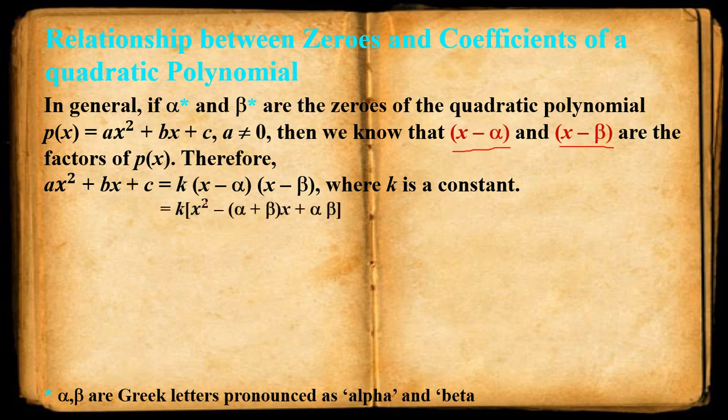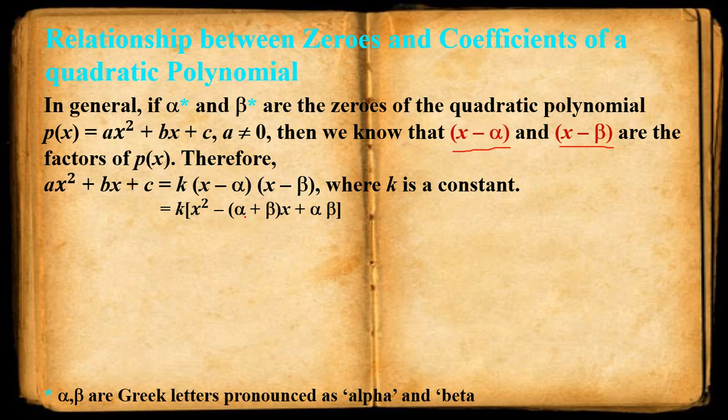Now when we open this, we get x into x square minus alpha x, then minus beta. When we open the bracket, x square minus alpha x minus beta x, and minus and minus gives plus alpha into beta.